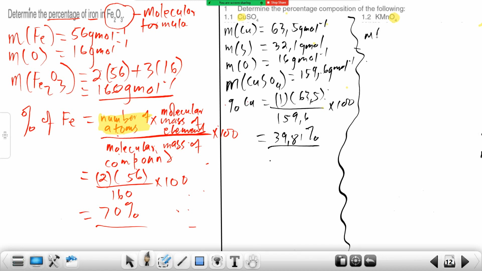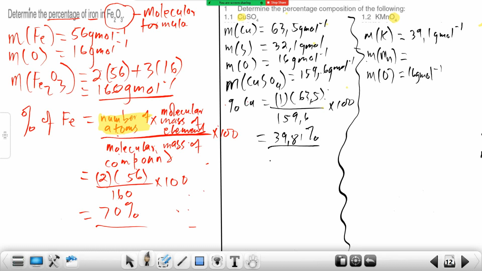So with this one, M of K is equals to, and then M of Mn is equals to, and then M of oxygen is equals to 16 grams per mole. So what is M for K? For K, sir, that's 39.1 grams per mole.